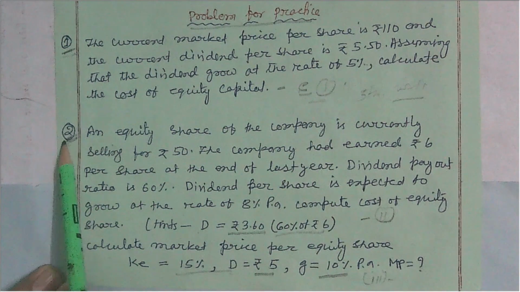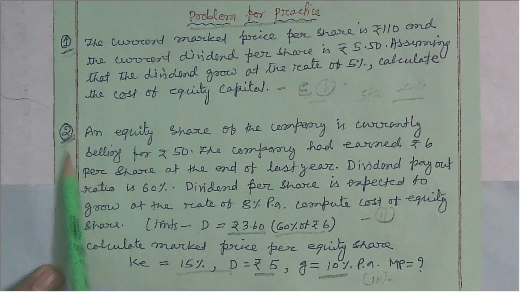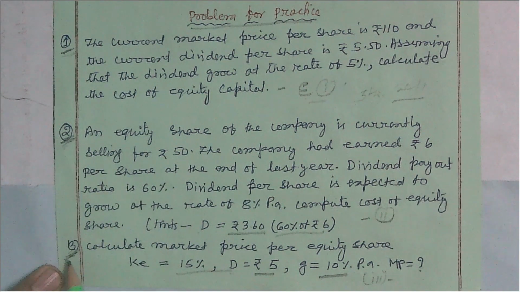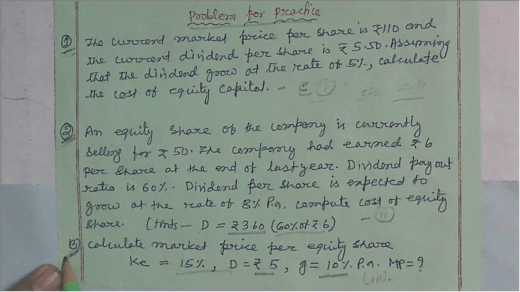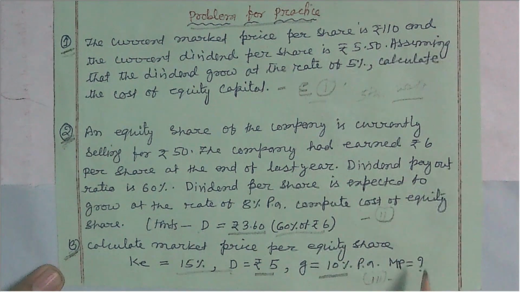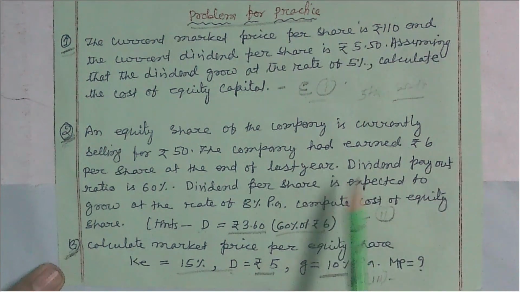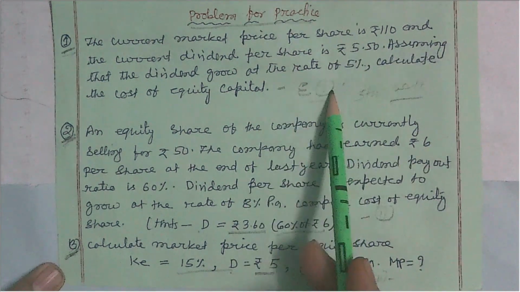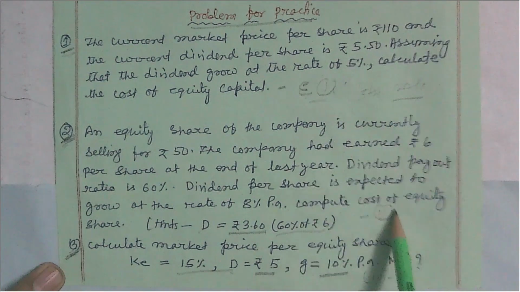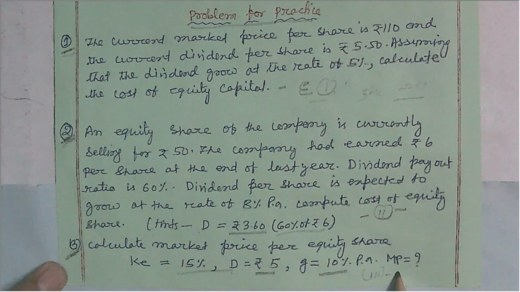Equation number 2 is also explained in lecture number 5, and equation number 3 is also explained in the same video class. The formulas are given and explained there. So use equation number 1 under question 1, equation number 2 under question number 2, and equation number 3 under question number 3.